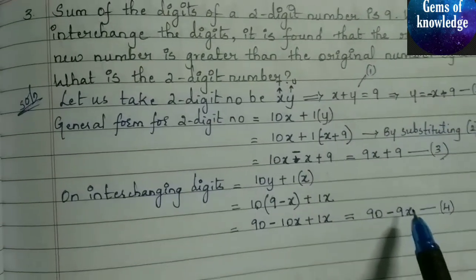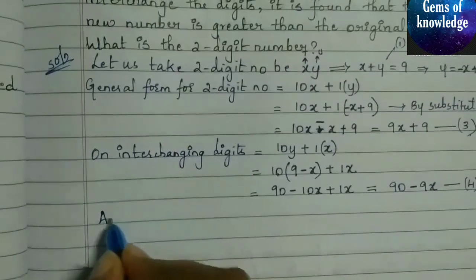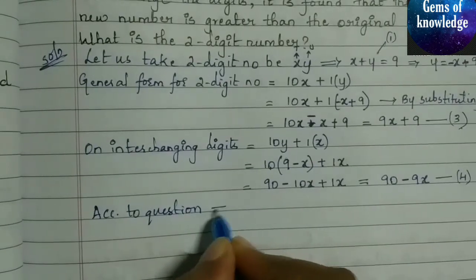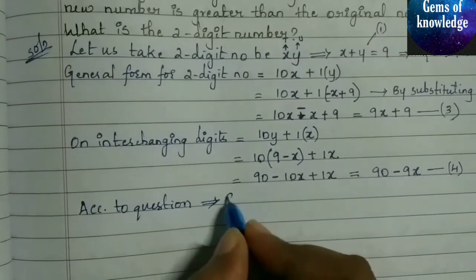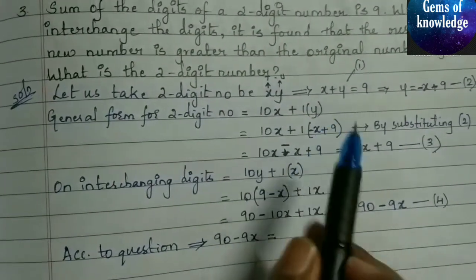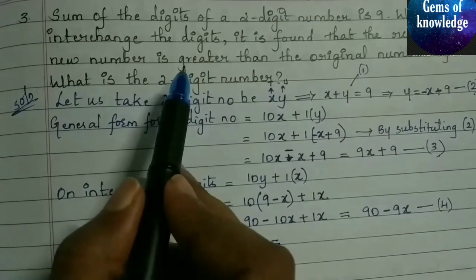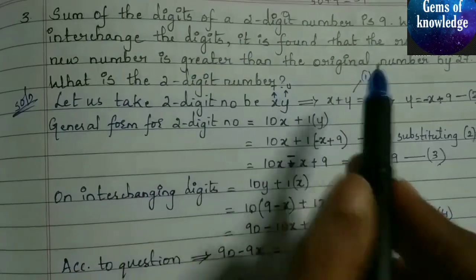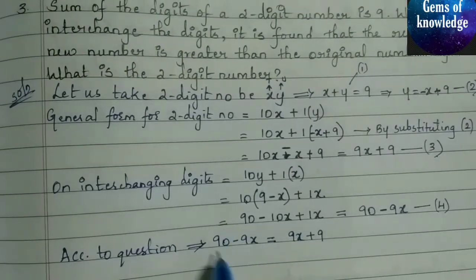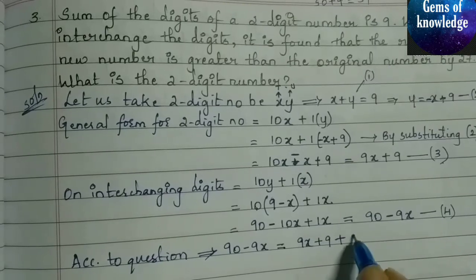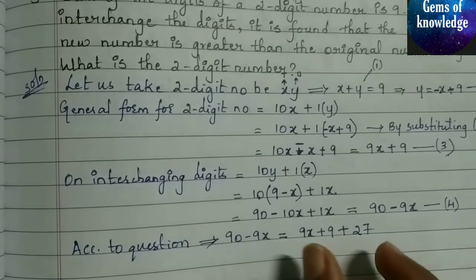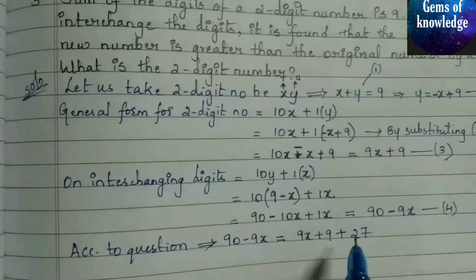So according to the question, we will write here: this new number, that is 90 minus 9x, is equal to the original number, which was 9x plus 9, plus 27. This number is greater than this number by 27.